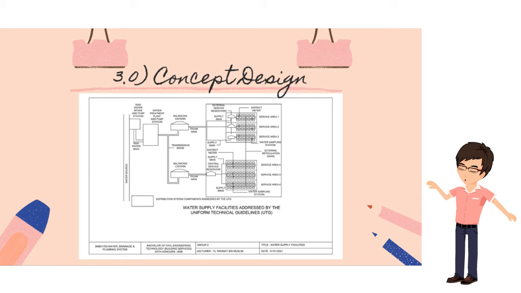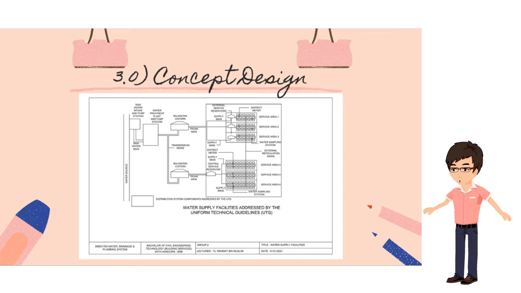Concept design. The concept design of the plan layout of the pipeline based on the area in Gombak is shown in drawing 1. The pipeline layout shows the water supply traveling from sources such as a river, dam or lake, which will enter the water treatment plant.